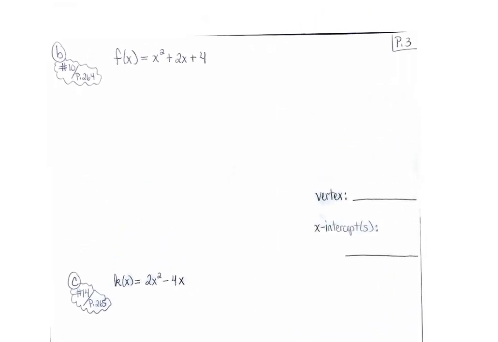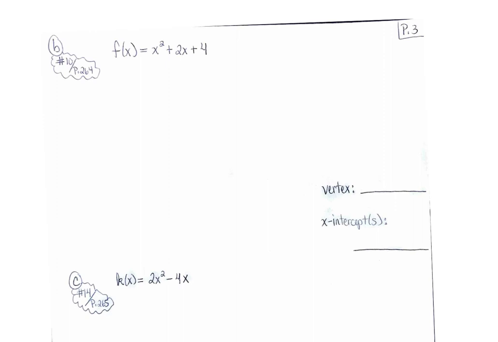This one is a little bit different. Here we have f of x equals x squared plus 2x plus 4. And if we remember our vertex form, recall that our vertex form is a times the quantity x minus h squared plus k.